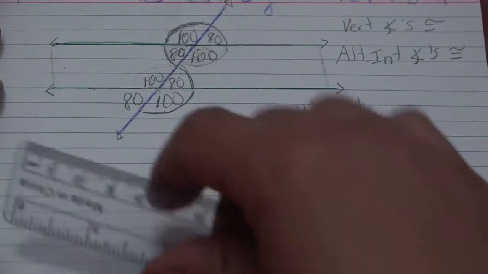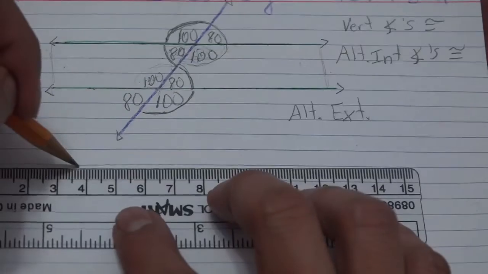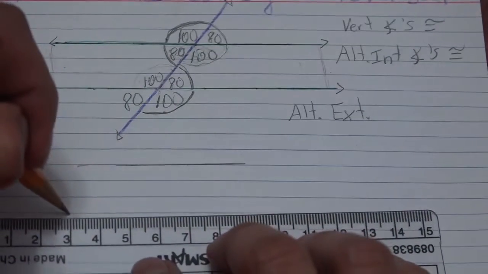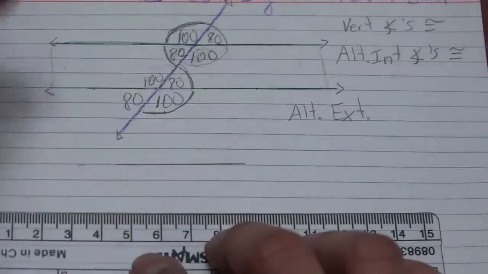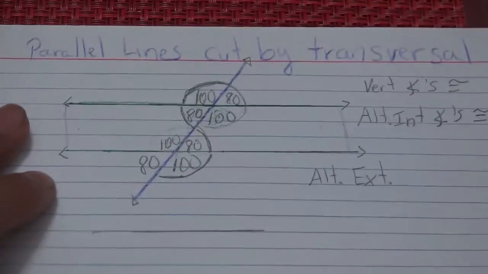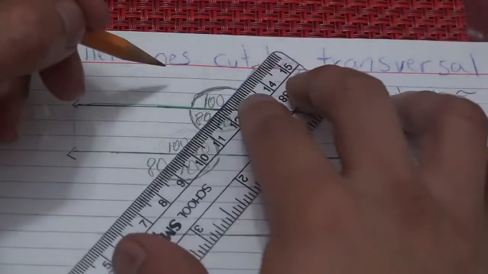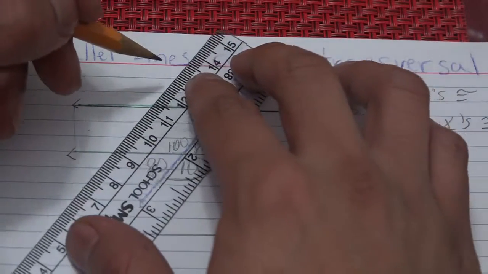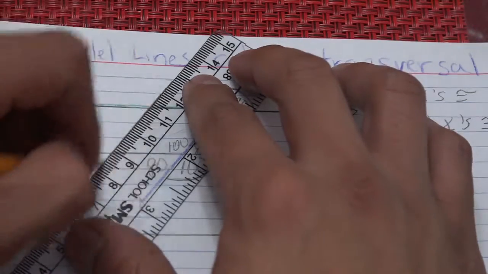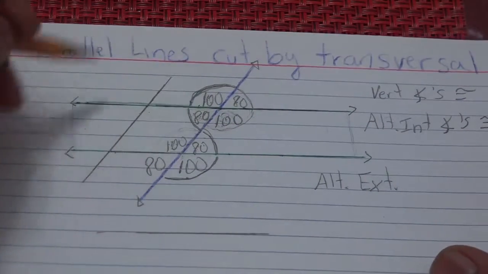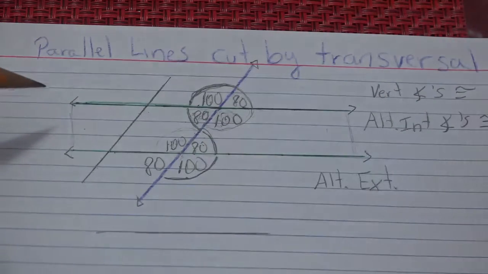Now let's draw another pair of parallel lines, because I really need you to understand something, because we're going to be using it. Let's go back over here as well. Look at what happens here. Let's say I draw another transversal.